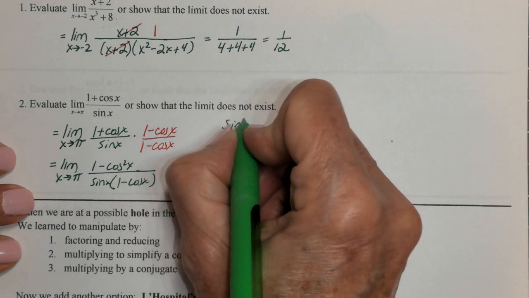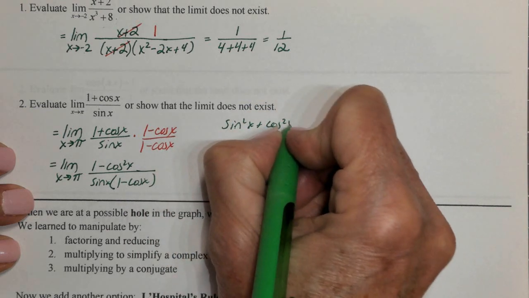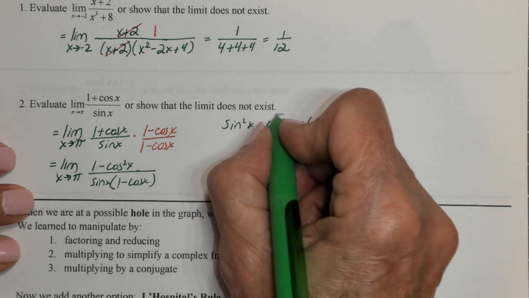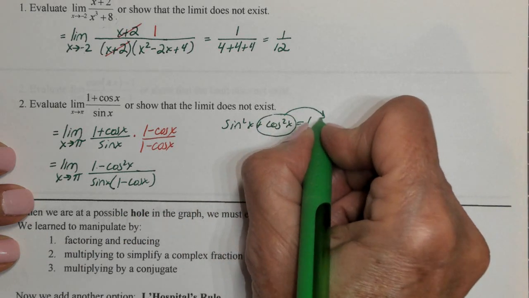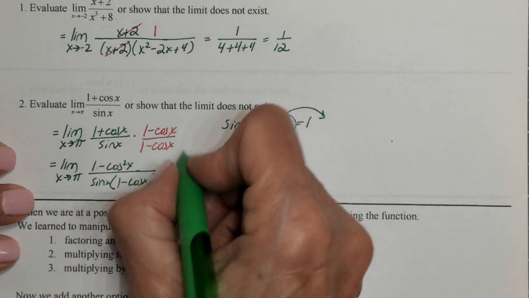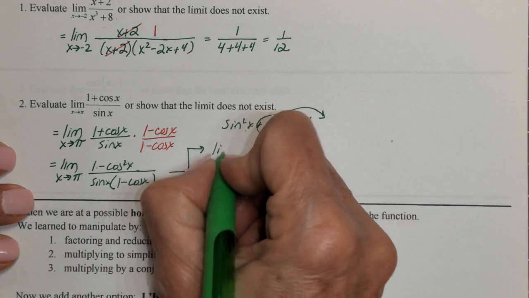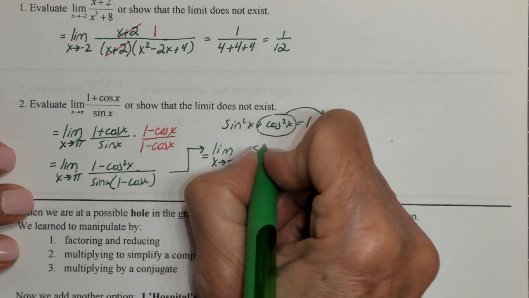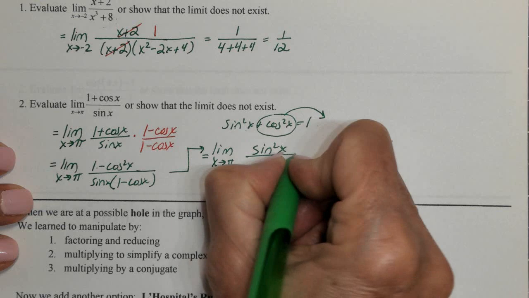We know that sine squared x plus cosine squared x is 1, so 1 minus cosine squared x, if we move this cosine squared x to the other side, we will be left with sine squared x. So this numerator is sine squared x.